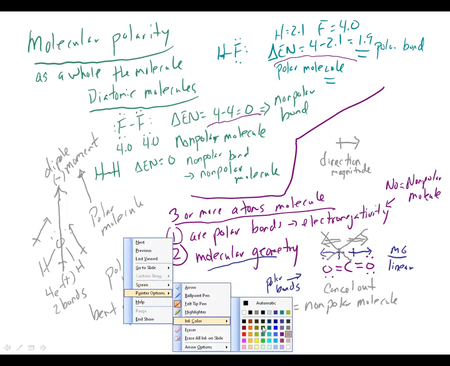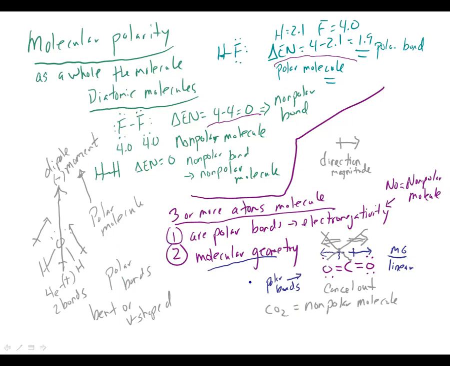I'll do my best here with my pen to draw it. For example, when we look at water, you essentially have that first one heading in this direction. The second one is going to add to it in that direction. And that's why we get the net dipole moment heading upwards here, which would be represented by this one right here, as I totally misdrew that. But you get the idea, I hope.